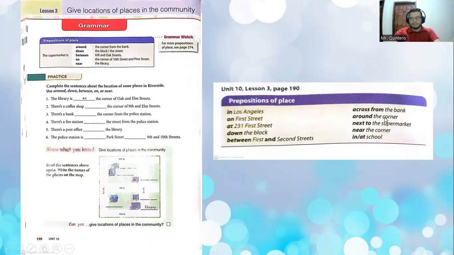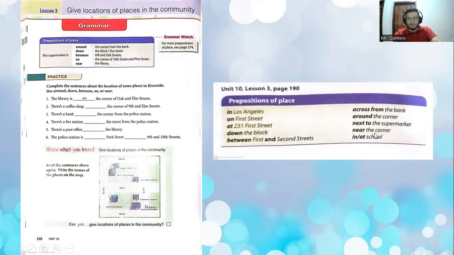Around the corner is when we're talking about the position that you cannot see very well. Next to the supermarket, and next to is when we have the size. Near the corner, cerca de la esquina, at school.